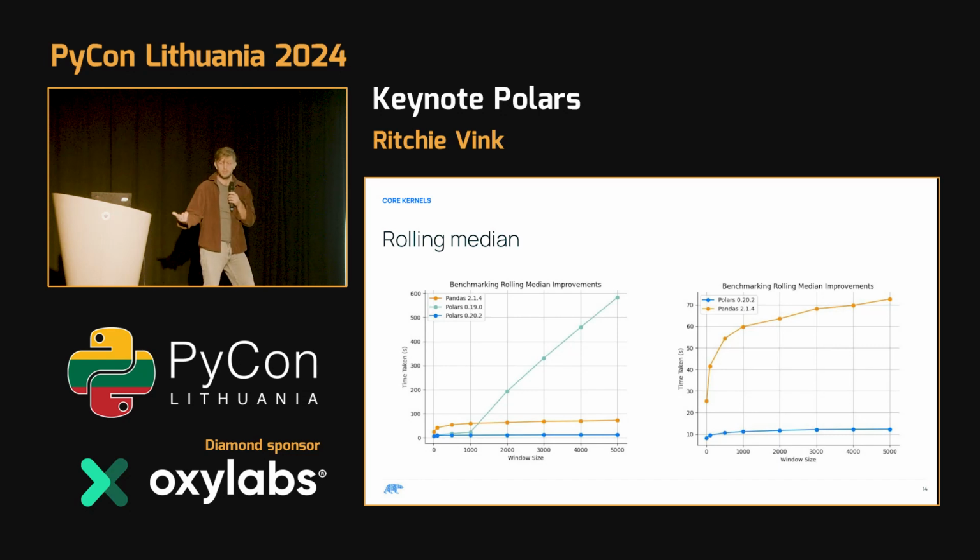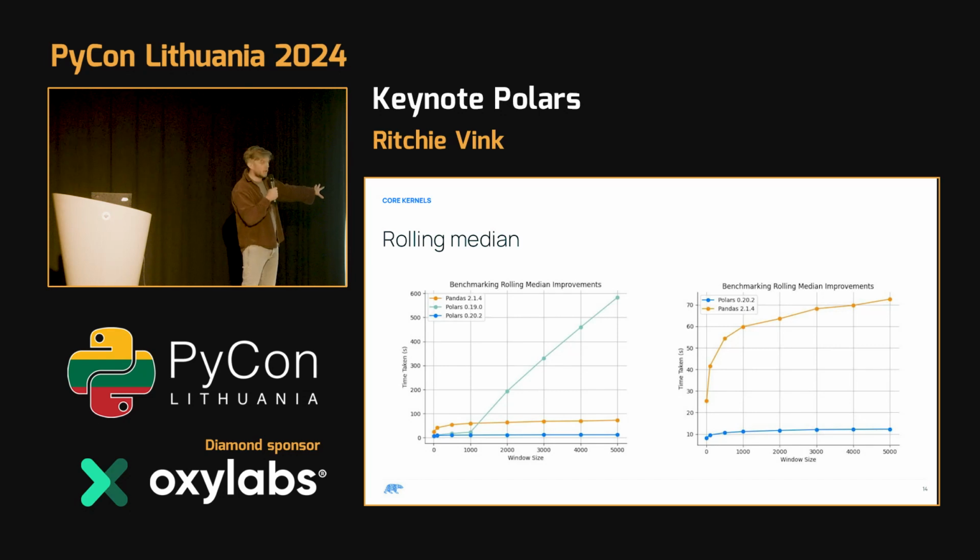Another example I wanted to show is that there is still a lot left on the table on single-threaded pandas performance as well. This is a rolling median, which we improved. Here you see the rolling median performance of Polars versus pandas with a certain window size. So we don't only get speed from parallelization, but also from better algorithms or just better code with regard to cache efficiency.